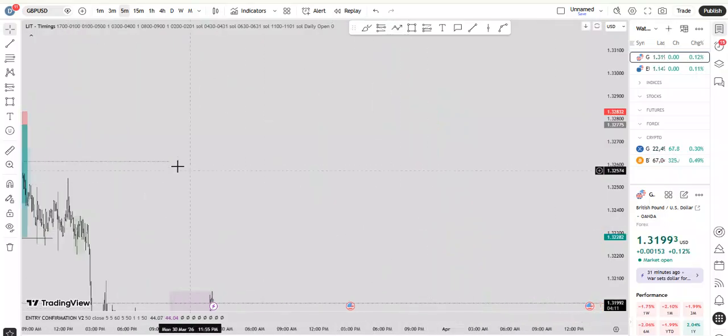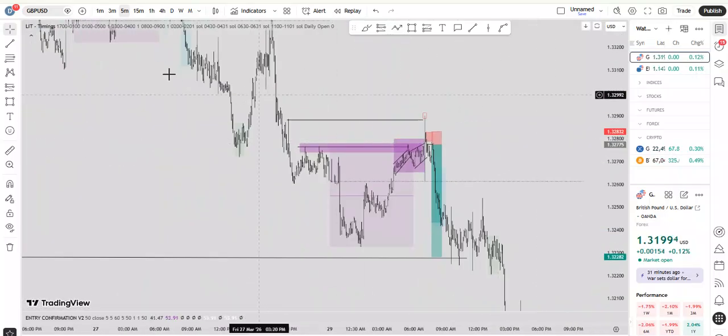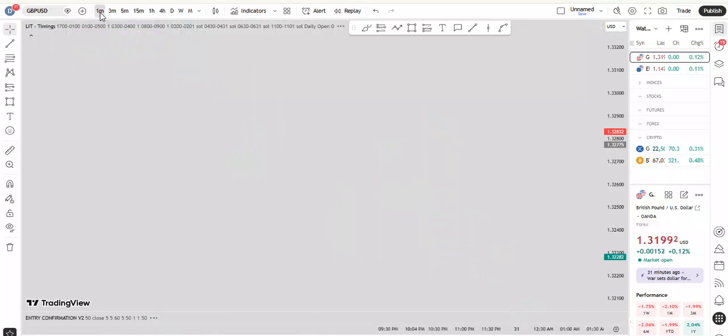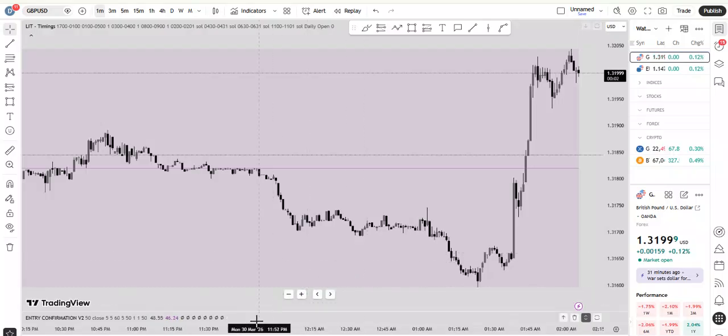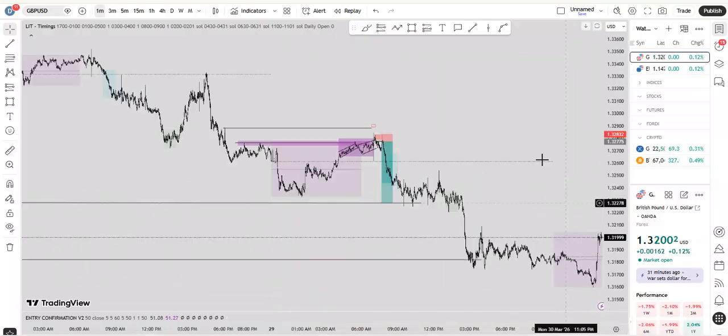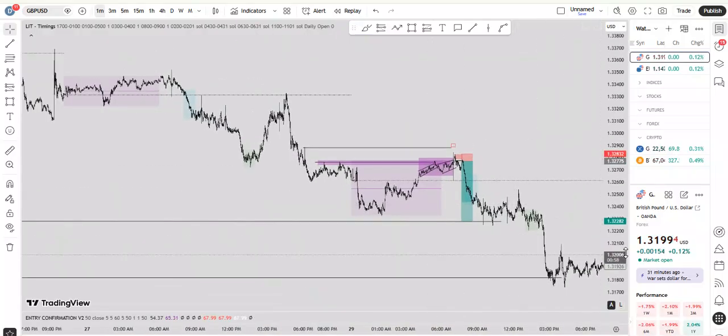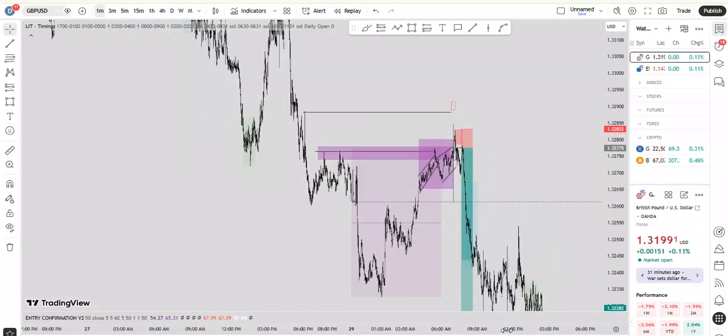Another way you can look for this entry is this way, right? You go to your 1 minute time frame. Let's put it into shape. It's your 1 minute. Come here. Then what are we looking for?